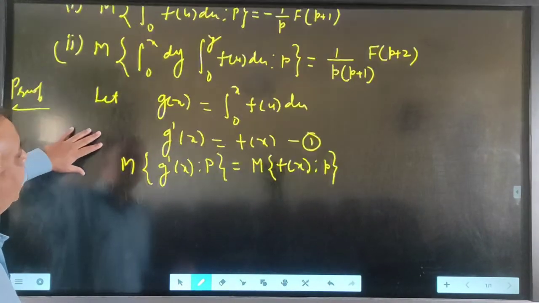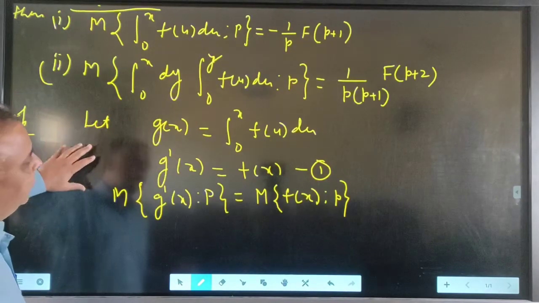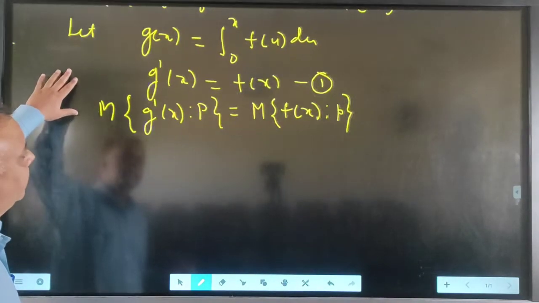And we see that the Mellin transform of f(x) with respect to p is F(p).